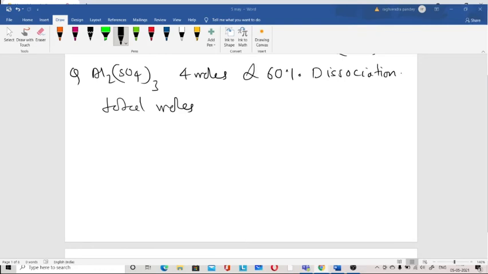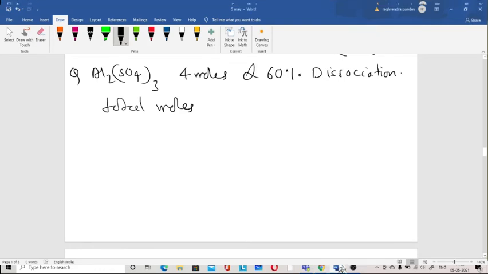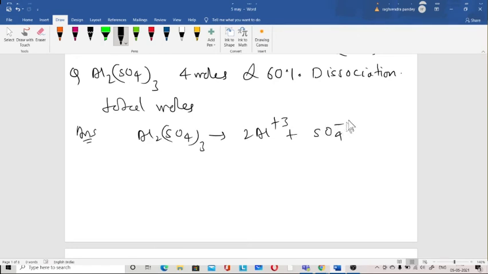So the moles left are 9.6 moles. Total moles left. So let's take it. Sir, over here the question is total moles left, right?